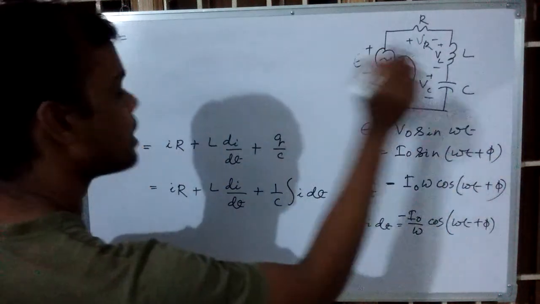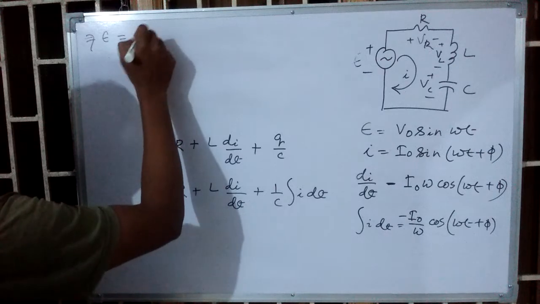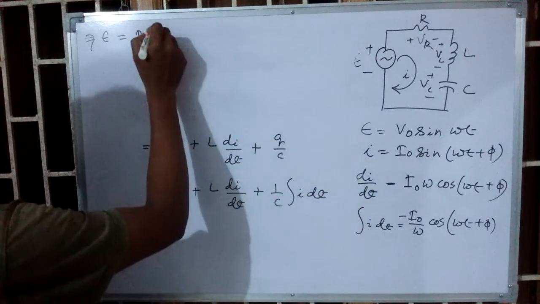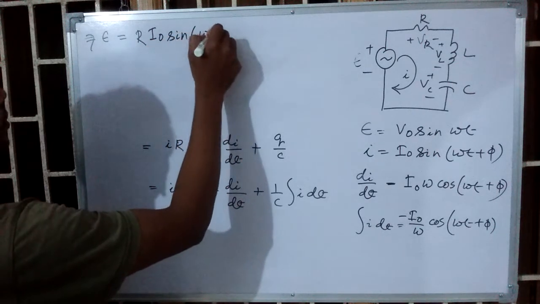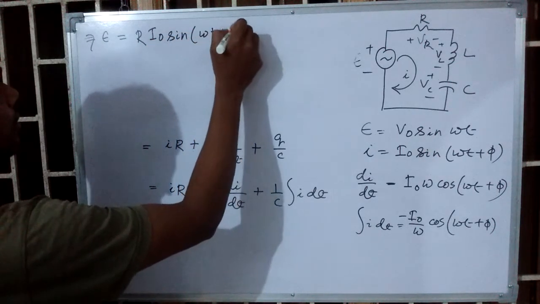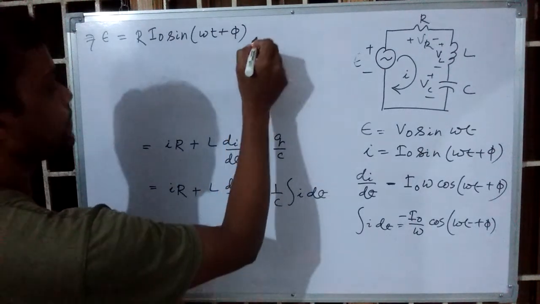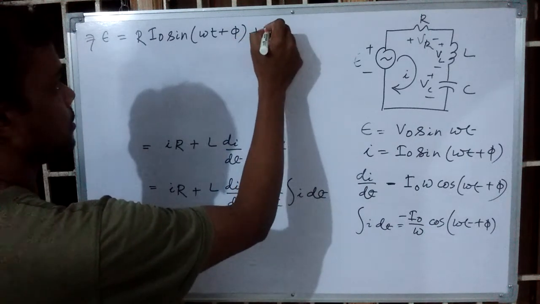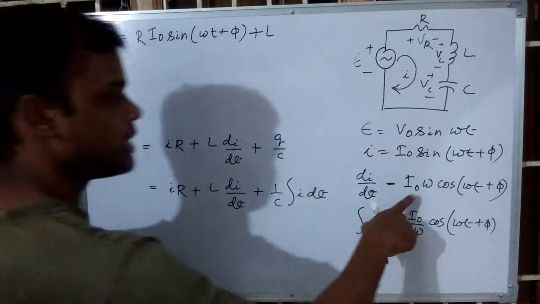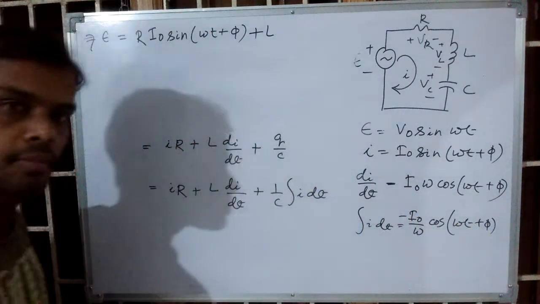I naught sin(omega t plus phi) into R. So I will first write R into I, where I is I naught sin(omega t plus phi). Then L di by dt, which is nothing but I naught omega cos(omega t plus phi).